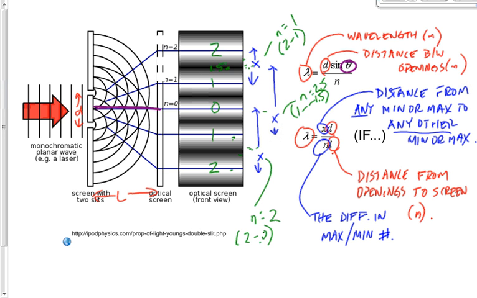Theta has to be measured from the central maximum. From the central maximum to the second order maximum, the first order minimum, the second order minimum, it doesn't matter. From the central maximum to any min or max.